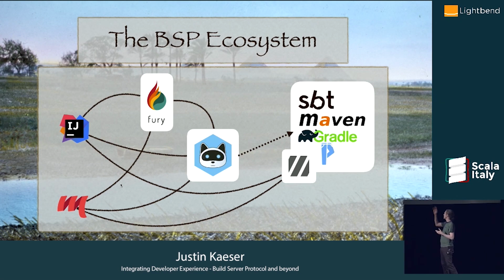So you can use Fury or Bloop directly with IntelliJ, and also in this branch where we have an open pull request with Mill. The other Scala build tools don't have a direct BSP implementation at this point, but they allow exporting to Bloop. So if you think working with Bloop is the most efficient for you, then you can export their project model to Bloop. There are plugins for them, and then import the Bloop project into IntelliJ.